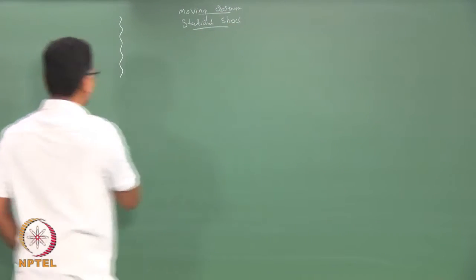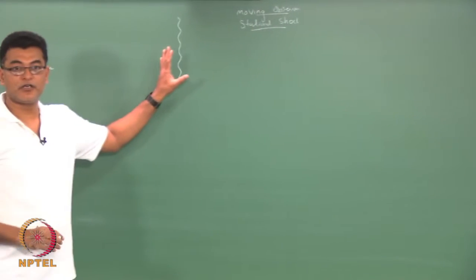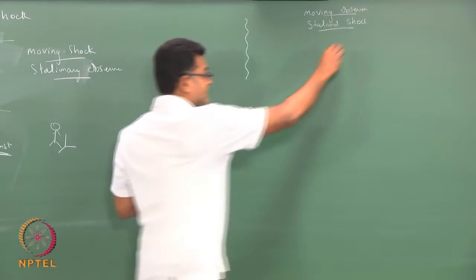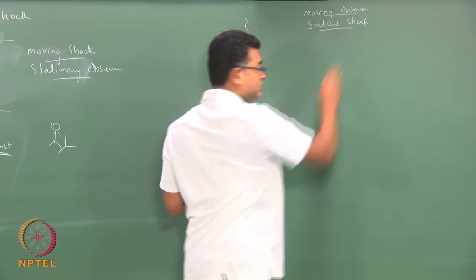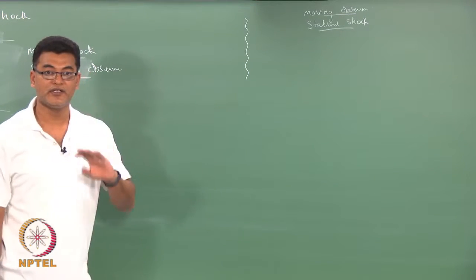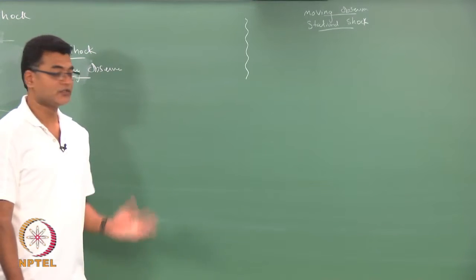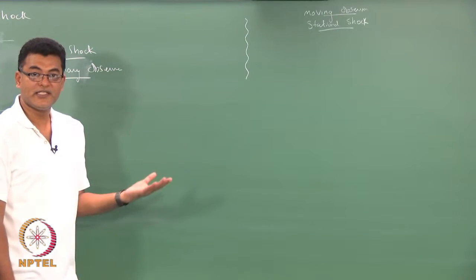If I am moving along with the shock, I would feel the shock to be stationary. If the shock is stationary, I can use the relations that we have derived in the previous classes to evaluate the properties. Let us see what properties would change when we do this.